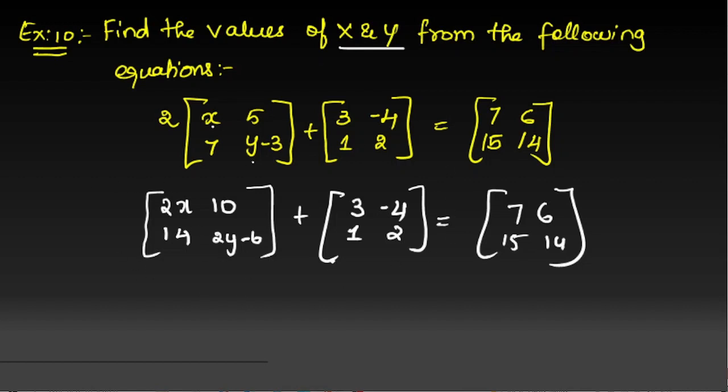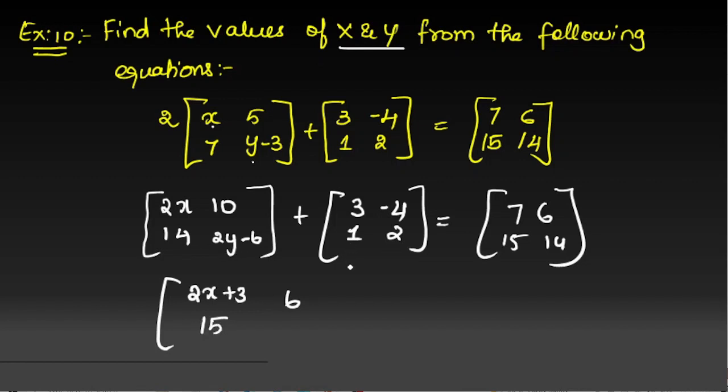These two matrices you have to add. So now while adding, what will you get? Here you will get 2x plus 3, corresponding terms. Then 10 plus of minus 4 is going to be 6, right? 6 plus 6. Then 14 plus 1, 15.